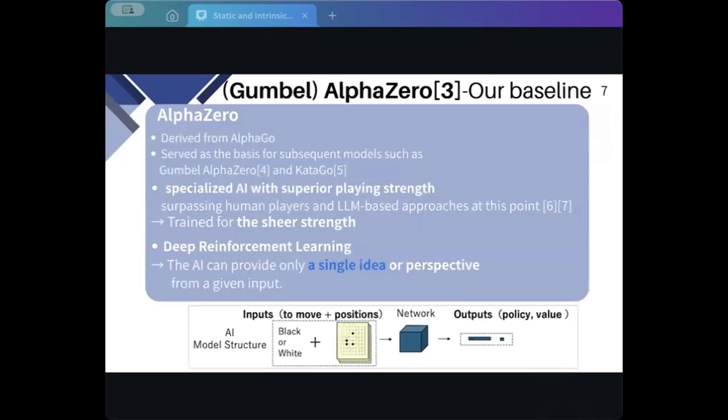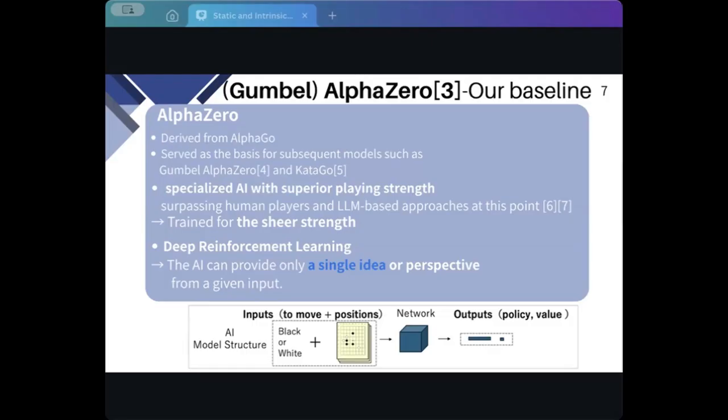Our baseline is AlphaZero, which was derived from AlphaGo. It also served as a basis for subsequent models, such as Gumbel AlphaZero and KataGo. AlphaZero is a specialized AI with very high playing strength, surpassing humans and large language model-based approaches at this moment. It is based on deep reinforcement learning, using a neural network.